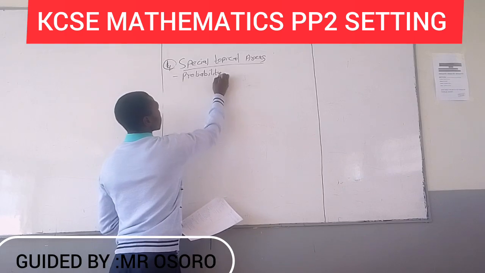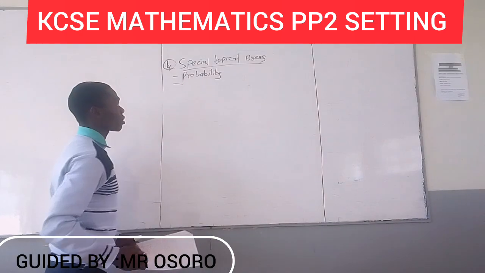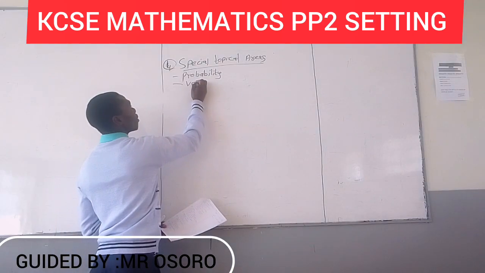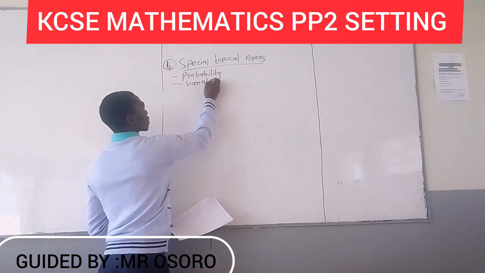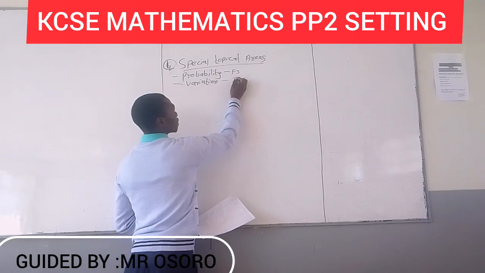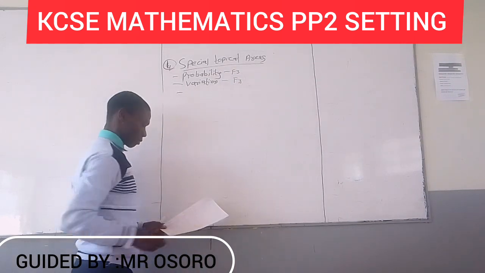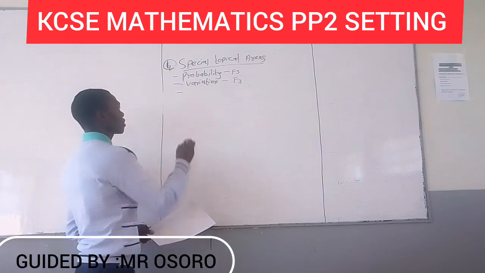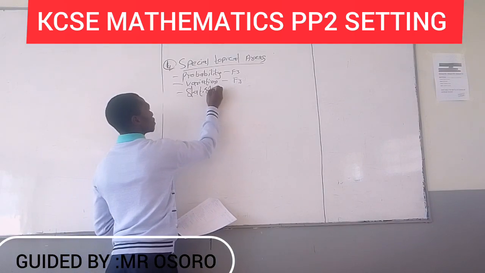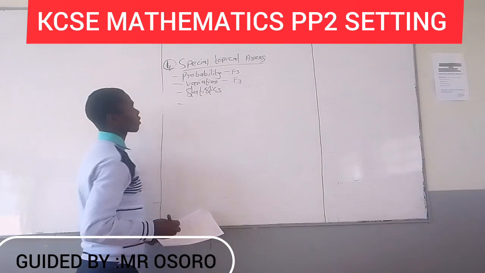Probability is a special topic. Variation, these are Form 3. We have statistics. Statistics is part of the special topics.